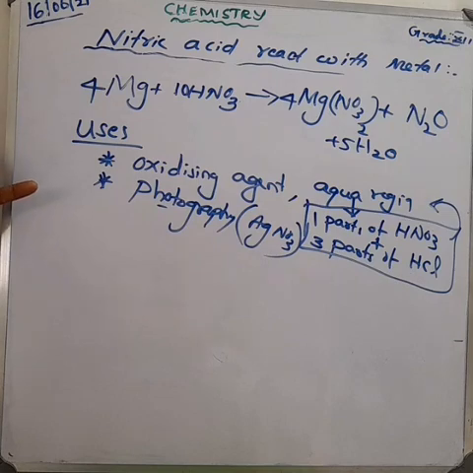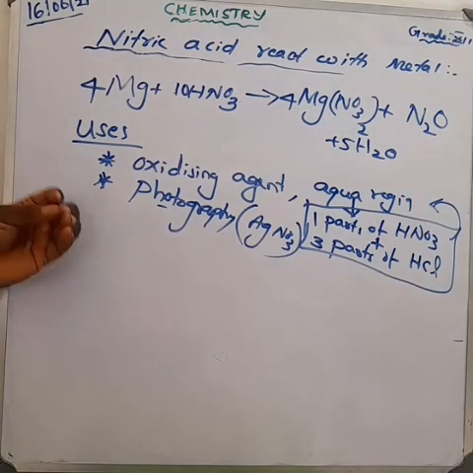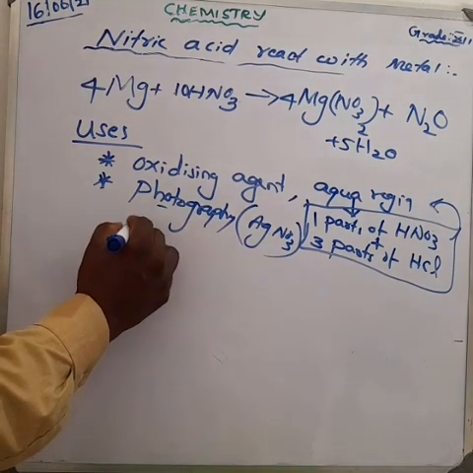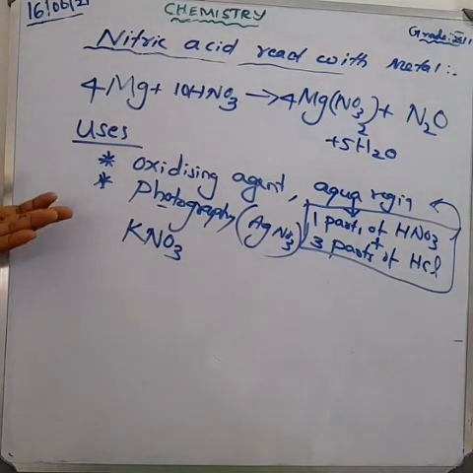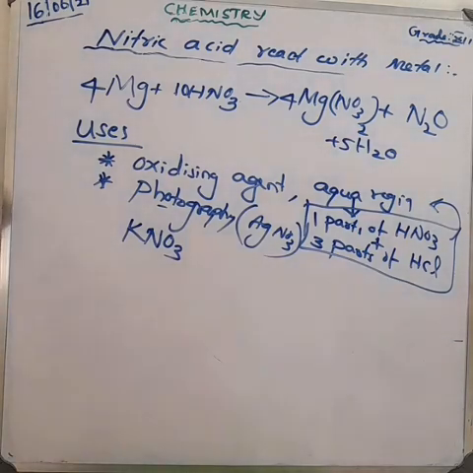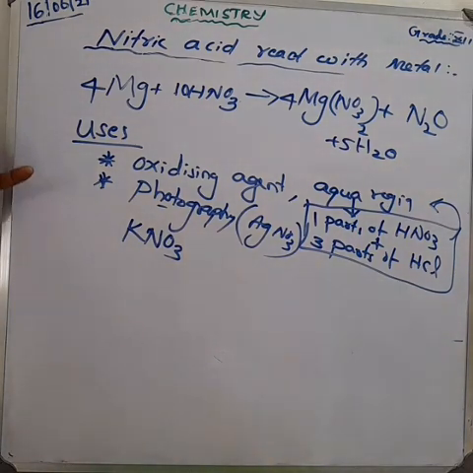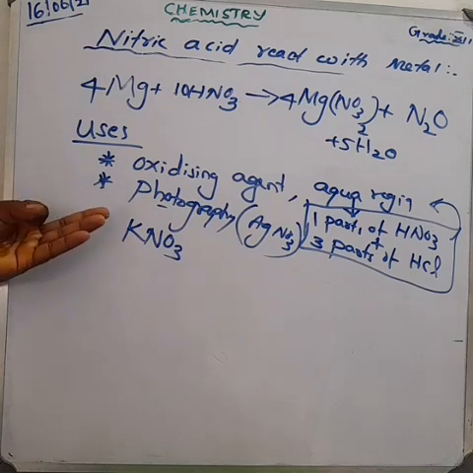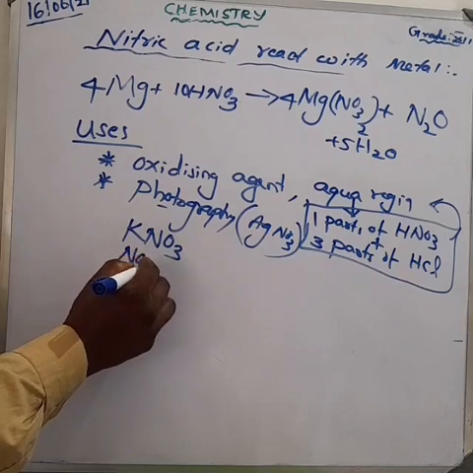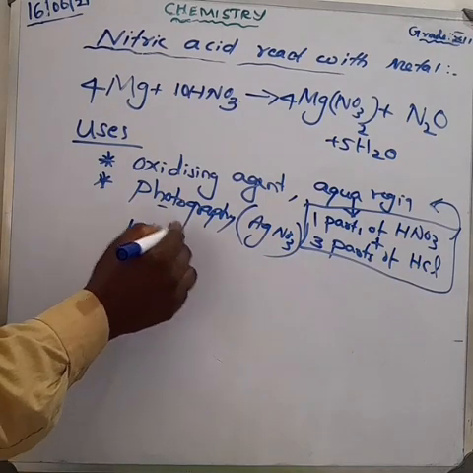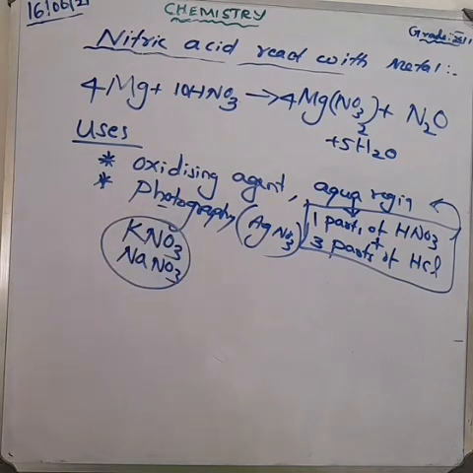And about gunpowder: potassium nitrate is used as gunpowder. Firearms, such as a rifle, pistol, or other portable gun, are all made using, I think, sodium nitrate. Okay, these are the uses of nitric acid.